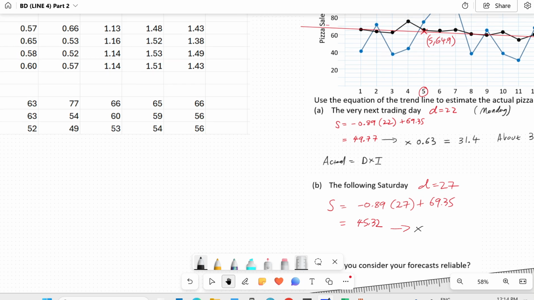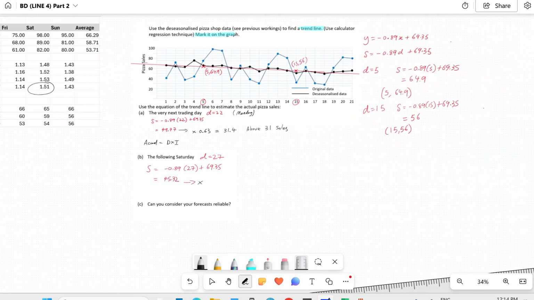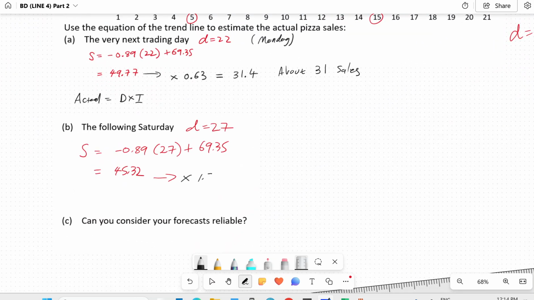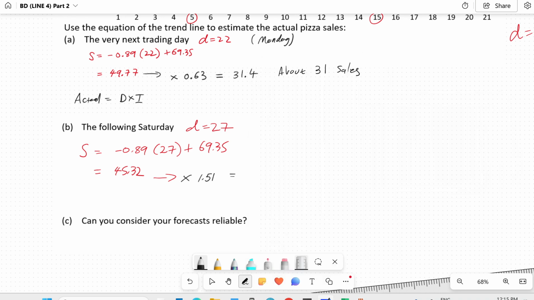The index for Saturday is 1.51. 45.32 times 1.51 is 68.4, or about 68 sales. Okay, so there are our forecasts for each of those days. So that's the little twist at the end of these deseasonalized type questions.